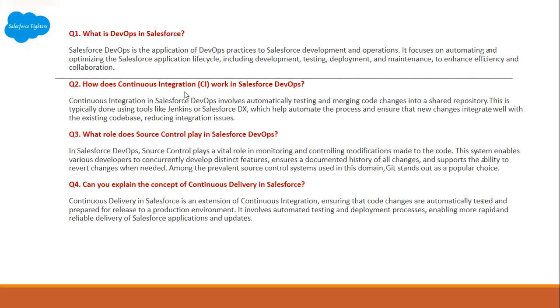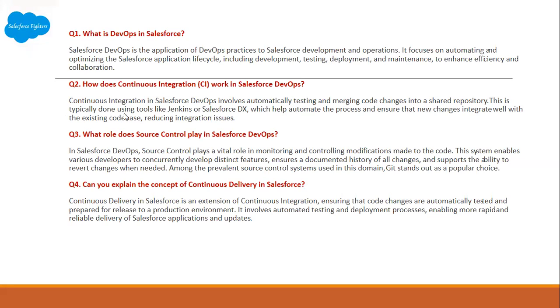Next question. How does continuous integration (CI) work in Salesforce DevOps? Continuous integration in Salesforce DevOps involves automatically testing and merging code changes into the shared repository.